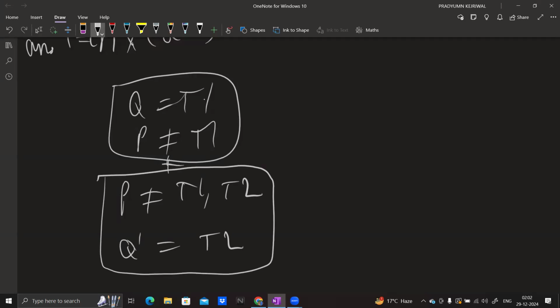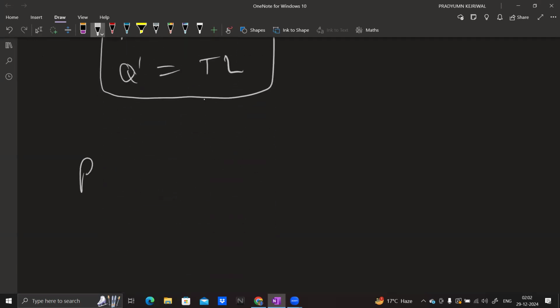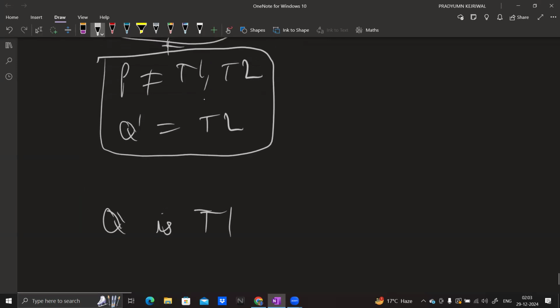But we also need to subtract the common portion in them. So the common portion is just that case where Q is a leaf, Q is type 1. Since Q is type 1, it is counted in this one, right? Because if Q is type 1, then definitely Q is type 2.